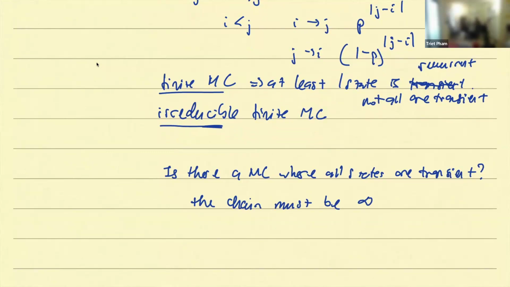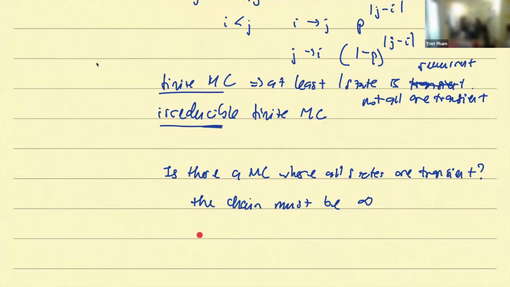So you start at some state, and with positive probability you never return to it, or you will spend only finitely many times at that state. Then you have to go somewhere else, and then somewhere else. But eventually you run out of room to go if the chain is finite.